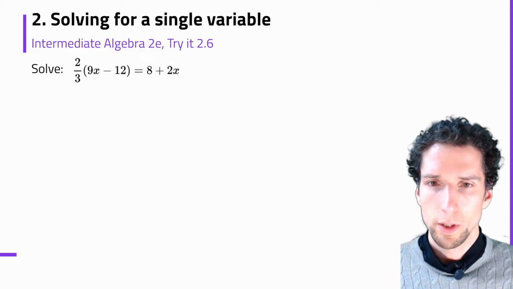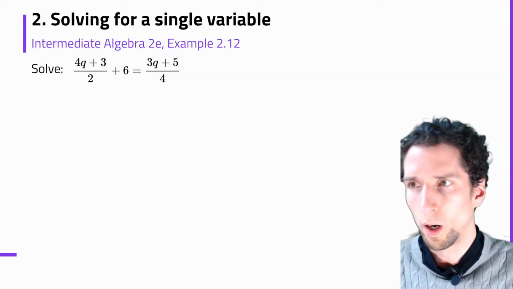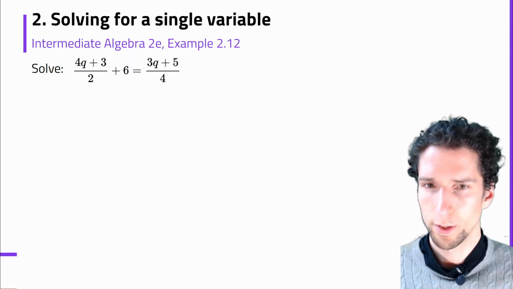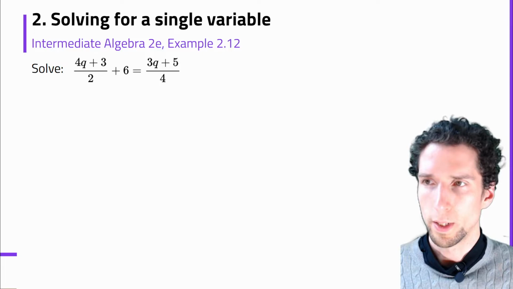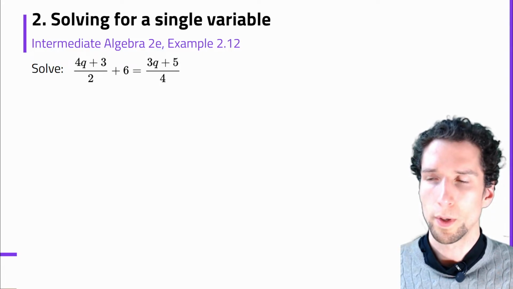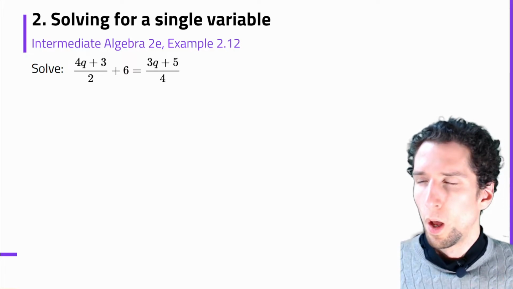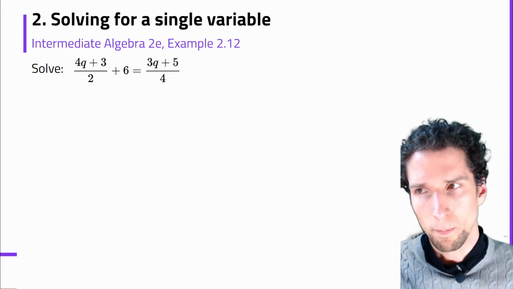All right, next one's just a bit more practice with this, where our equations are a little bit larger or more complex. So let's say we look at something like this. 4q plus 3 over 2 plus 6 equals 3q plus 5 over 4. So a few different ways we could do this.